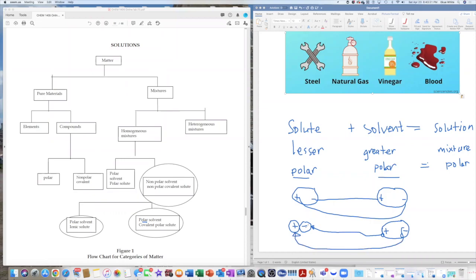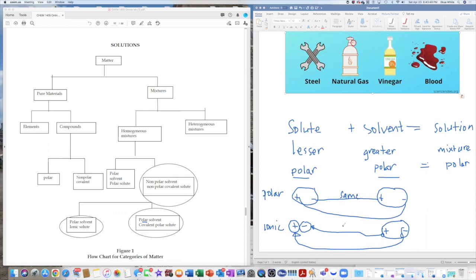So whether you have an ionic compound, this is ionic, that's a solute, or you have a polar compound, that's a solute, these will both dissolve in a polar solvent because of similar forces, okay? In this case, you have the same force, right?